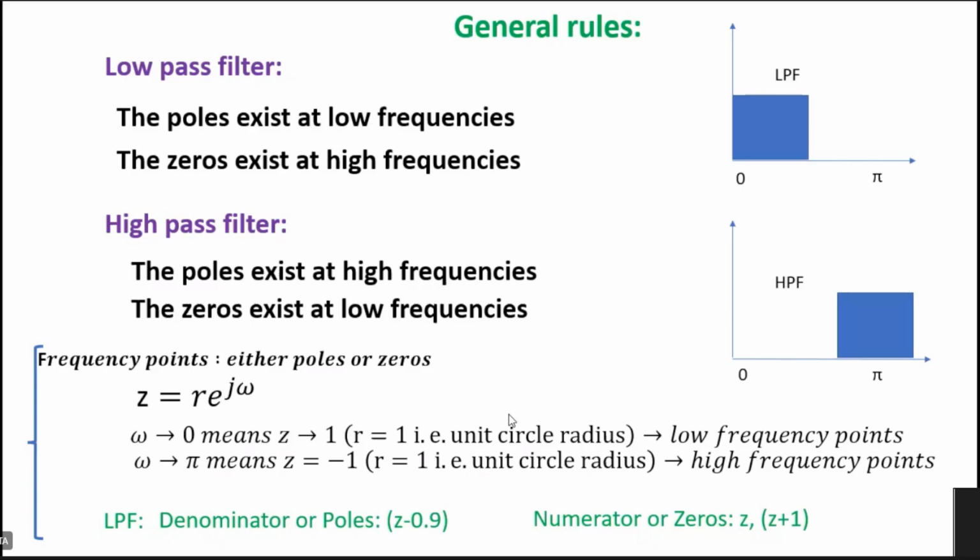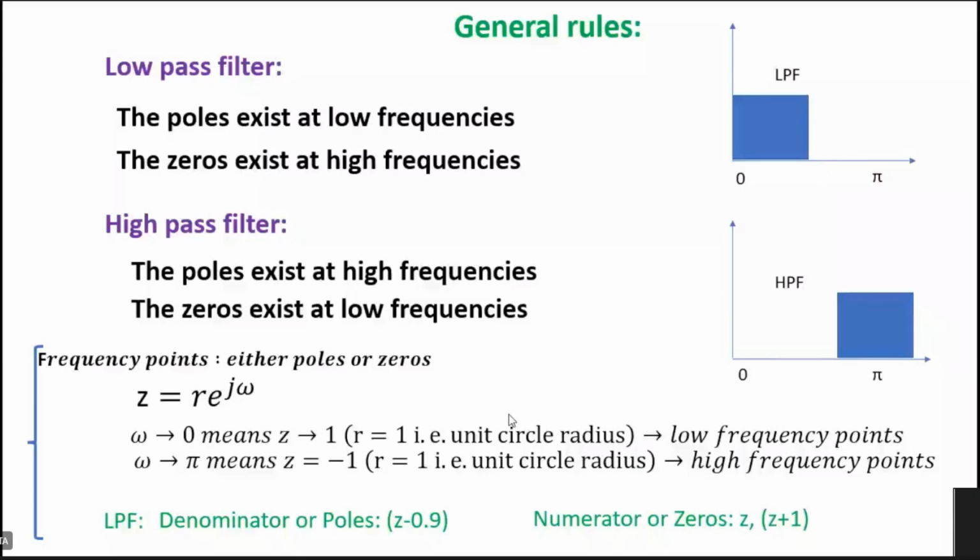In a low pass filter, the pole should be located at low frequency or zero frequency, and for a high pass filter, the pole should be located at omega is equal to pi, that is at Z is equal to minus 1.